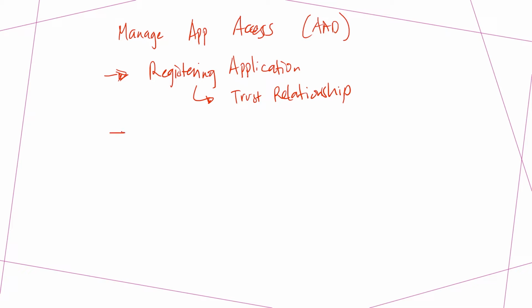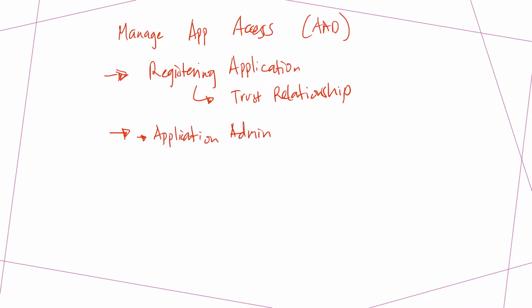Right, so what do we need to know about this application registration process? First thing is, what roles do you need in order to register an application? First, you're going to need an application administrator role.